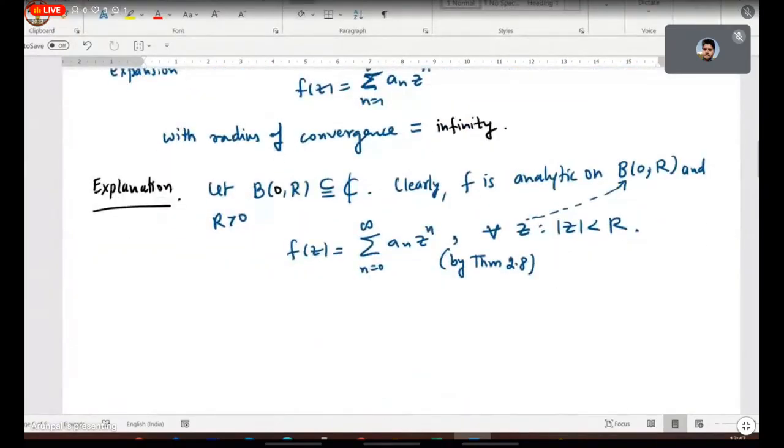And class, you know that the radius of convergence of this series will be at least this r. It means the radius of convergence will be greater than or equal to r. Is this okay, class? You know this from that theorem. And class, now here this r is arbitrary.